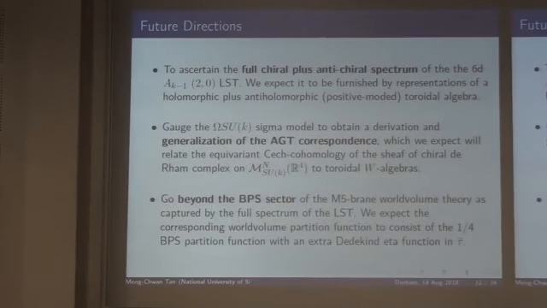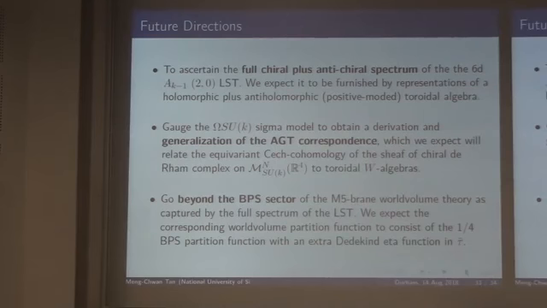So what's to do next? We have looked at just the chiral spectrum of the little string. Maybe we want to also understand the full spectrum, which includes the anti-chiral part, the right moving part. And that probably means that we would have representations of the holomorphic toroidal algebra plus the anti-holomorphic part. So two parts. And then we would like to also derive the HED correspondence and its generalizations by gauging this sigma model here.